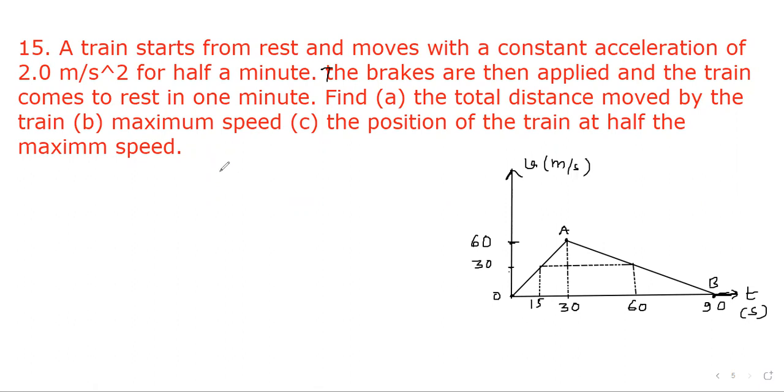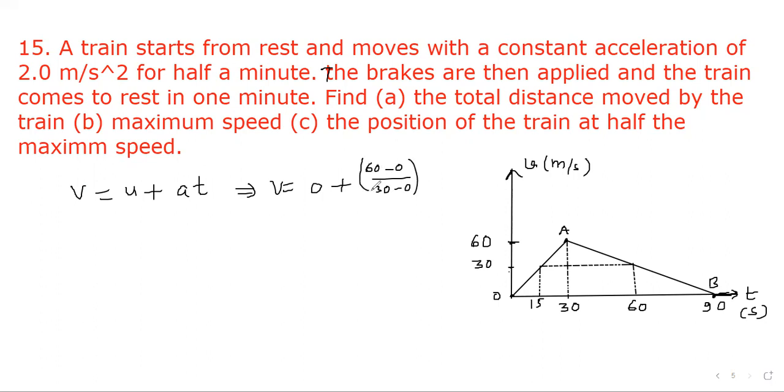First of all, we can find the maximum speed up to here. So we can apply the formula V equal to U plus at. V will be equal to U is 0, and a during this period will be the slope of this. So the slope is 60 minus 0 divided by the time corresponding to it, 30 minus 0.